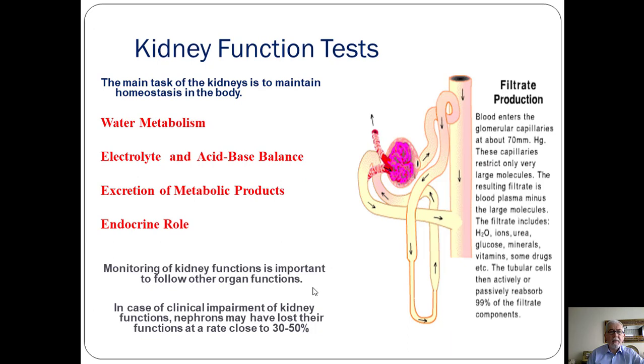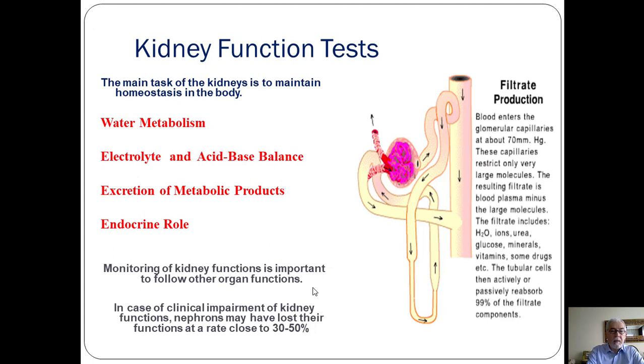When you look at a kidney function test, as I told you, the main task of the kidneys is to maintain homeostasis in the body. Before starting to give information about kidney function tests, I will give a little bit of information about kidney function.